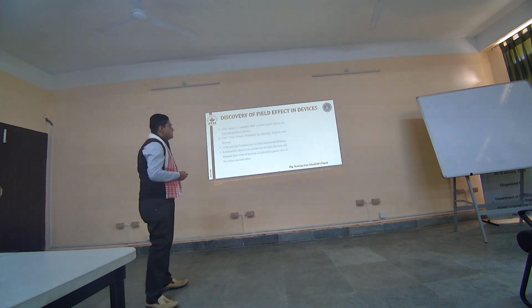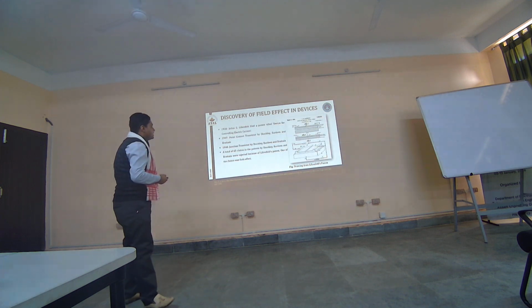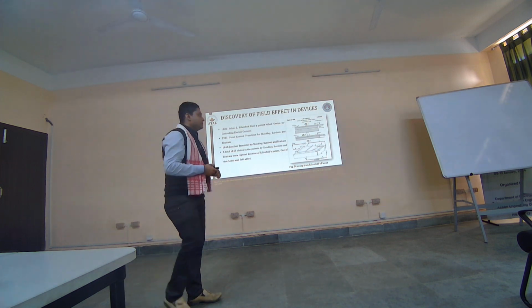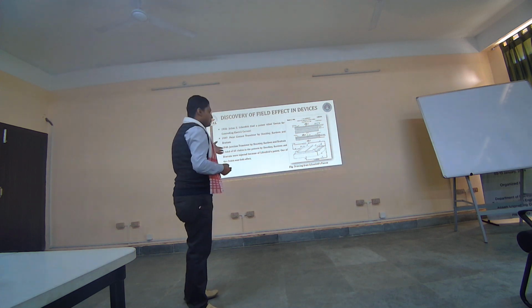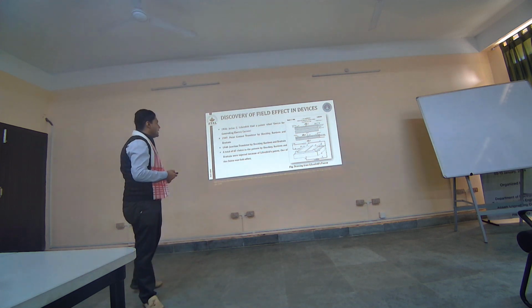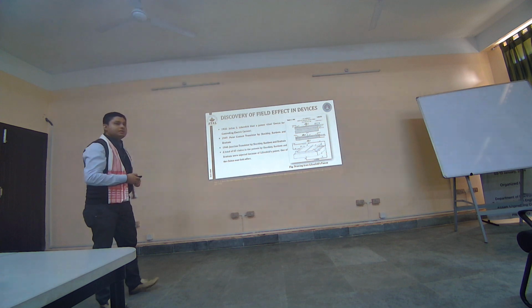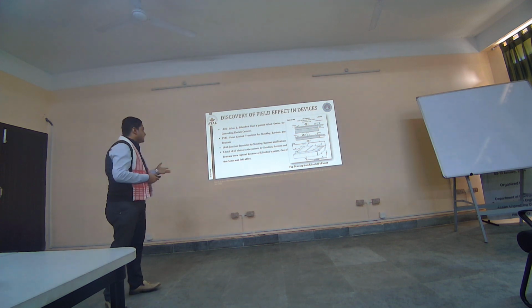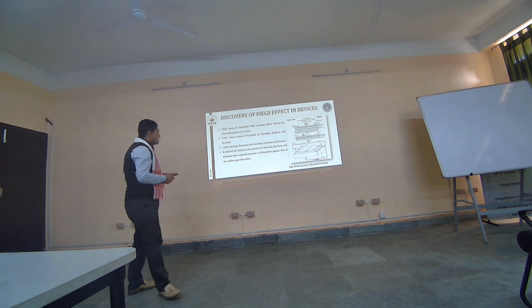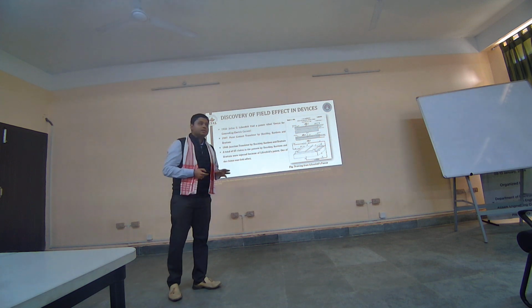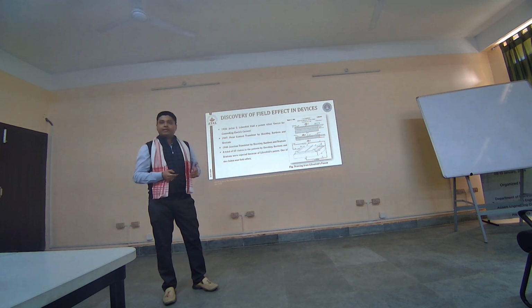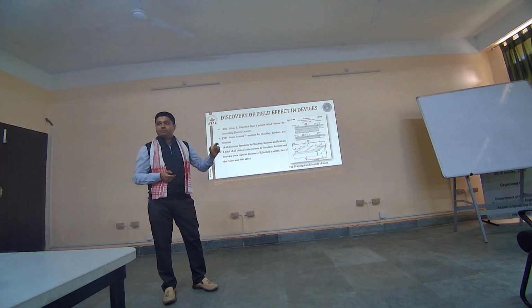So, basic ideas. First of all, the field effect in devices, and Julius E. Lilienfeld, most of you must know. He had already filed a patent in 1928 for field effect, and later in 1947 and 48, when Shockley, Bardeen, and Brattain went for the point contact transistor, they also had the field effect claim in their patent claims, right?